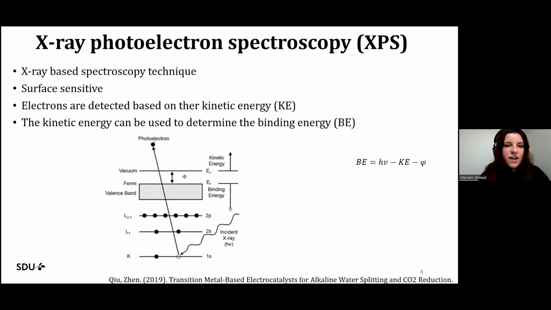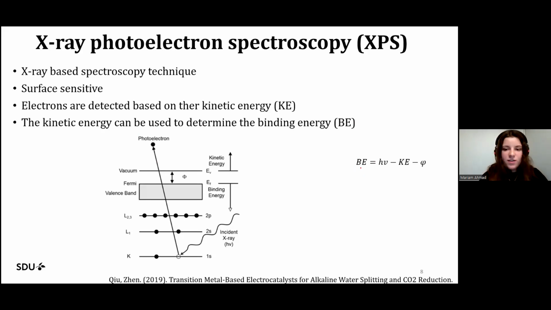Now, the detector of an XPS tool detects the emitted photoelectrons and discriminates between them based on their kinetic energy. So they each have different kinetic energies. And the kinetic energy is used to determine the binding energy of these electrons. The binding energy is related to the kinetic energy by this relation.